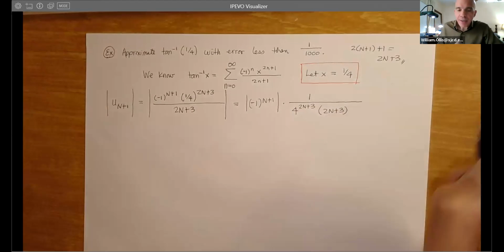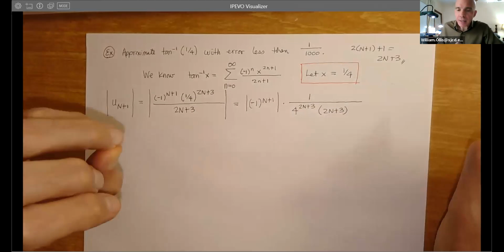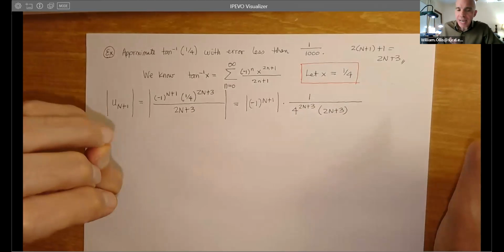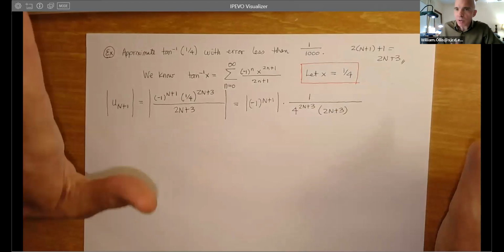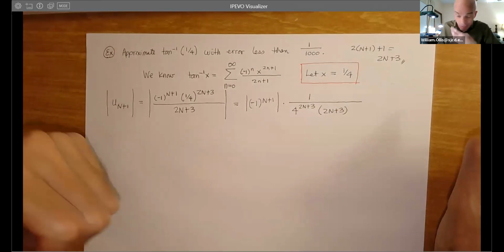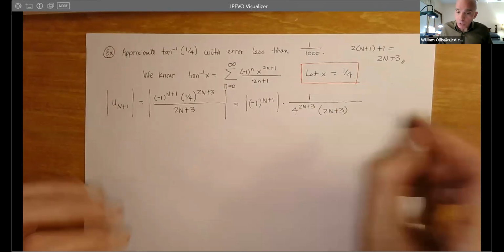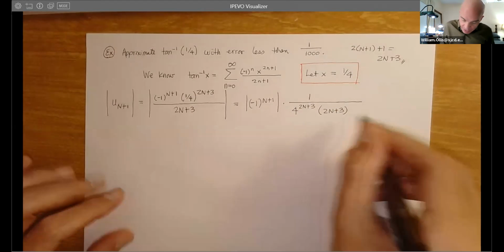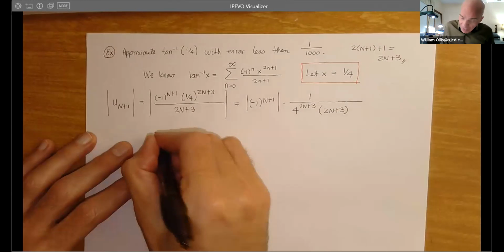Now, the idea here is that when we look at this, we're going to have to test again and just see what gives us the sufficient. That is, what's the least n that will work for error of less than 1/1000. So when you look at this part here, notice this will equal 1.